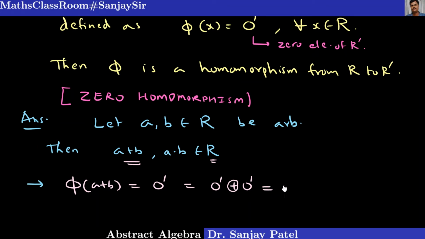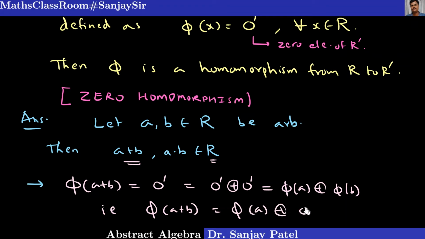This I can write as phi of a plus circle phi of b because for any x, phi of x equals 0 dash, so I can have phi of a equal to 0 dash and phi of b equal to 0 dash. So what I have proved is phi of a plus b is equal to phi of a plus circle phi of b for every a and b belonging to R.